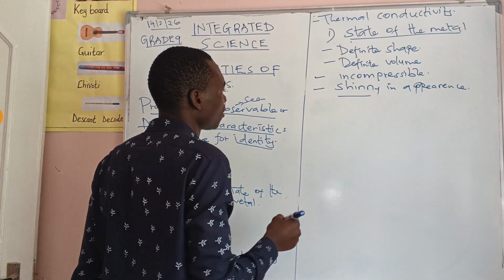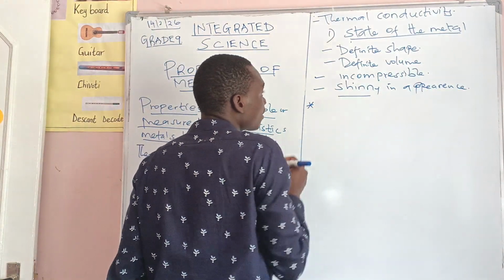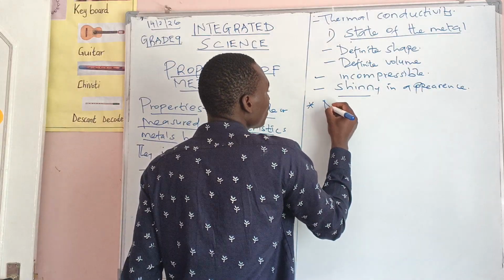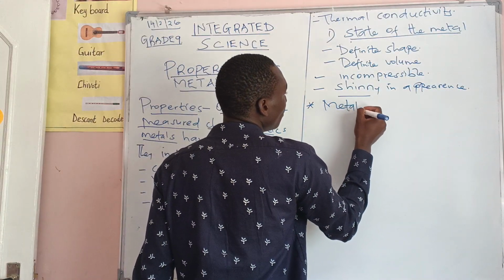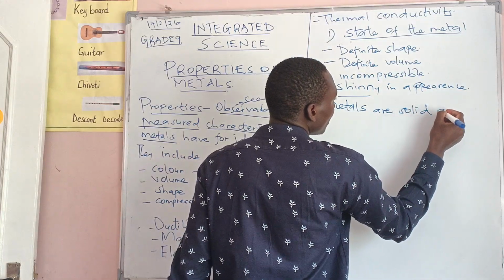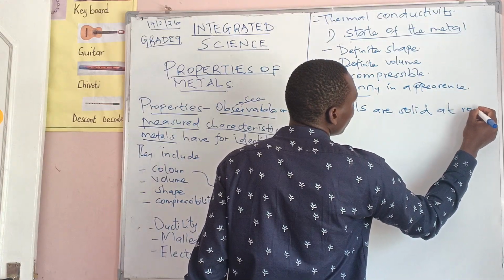Now, as the answer to the state of the metal, we say that metals are solid at room temperature.